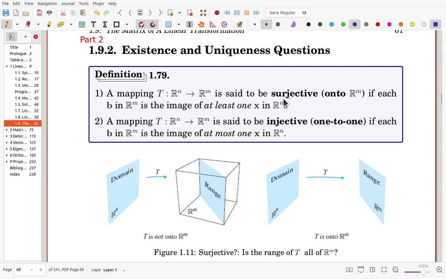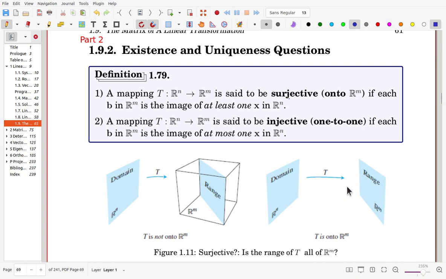To understand it more clearly, let's see this figure. Rn is the domain, Rm is the codomain, and the range of T will be part of Rm.